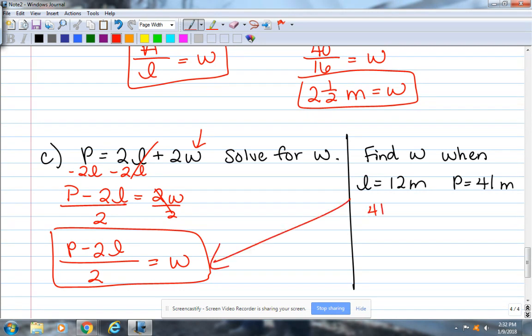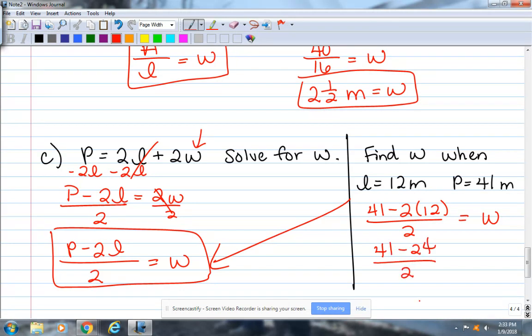So 41 minus 2 times what goes in for L? 12, and I'm going to divide by 2. Okay? So what's 2 times 12? 24, right? And then 41 minus 24.